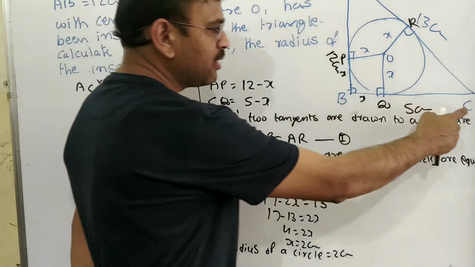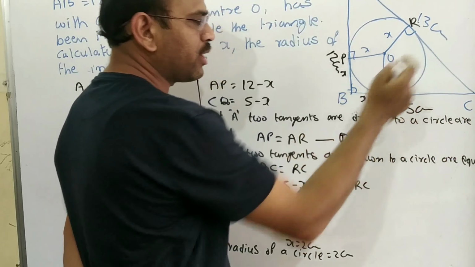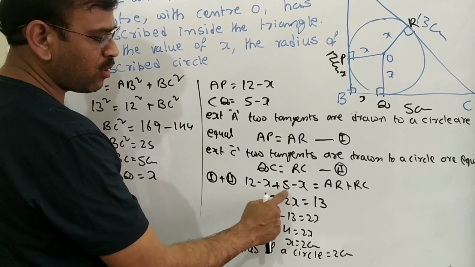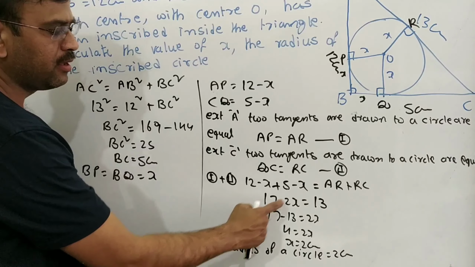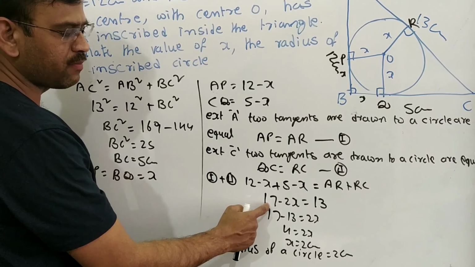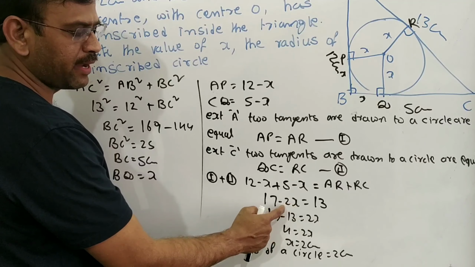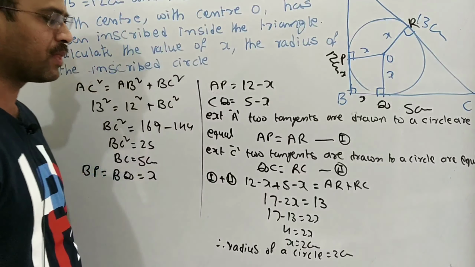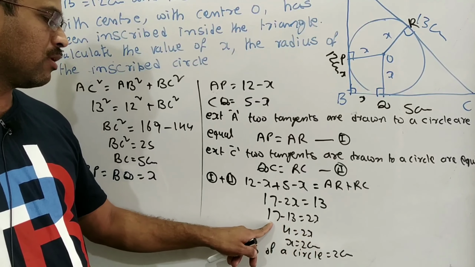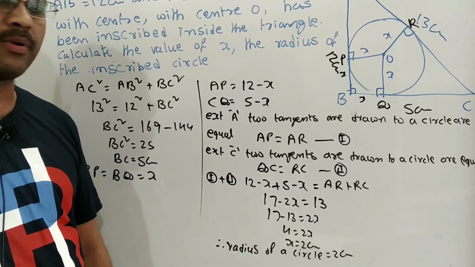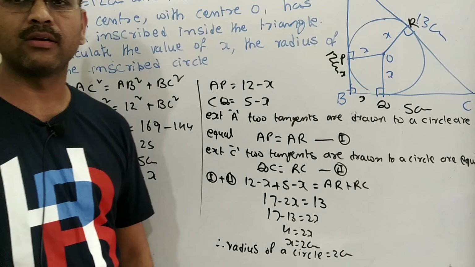In the similar way, from point C, two tangents are drawn to the circle, the lengths are equal, so I get 5 minus x. Adding, you will get 17 minus 2x, and AR plus RC will be AC, that you are getting as 13. So 17 minus 13, you will get 4 equal to 2x. X value got the 2 value.